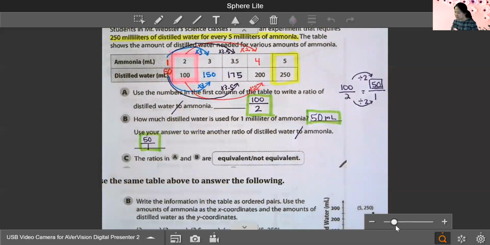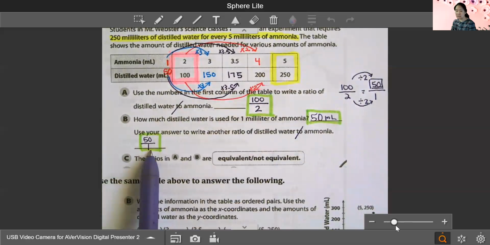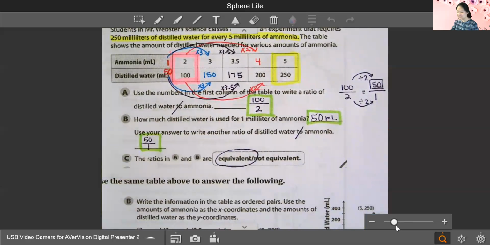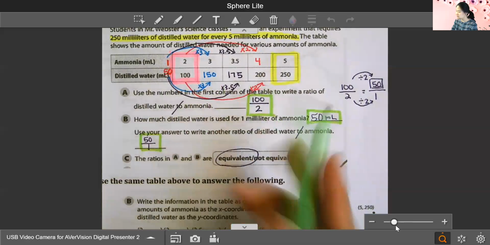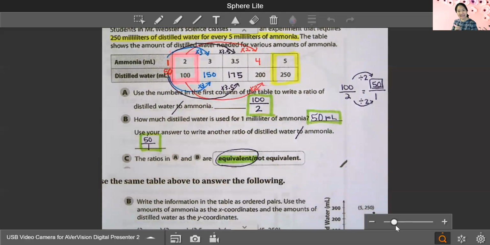The ratios in A, which is 100 to 2, and B, which is 50 to 1, are equivalent. They are equivalent ratios. All of these are equivalent ratios. Okay, so that's how to work with ratios and rates in a table.